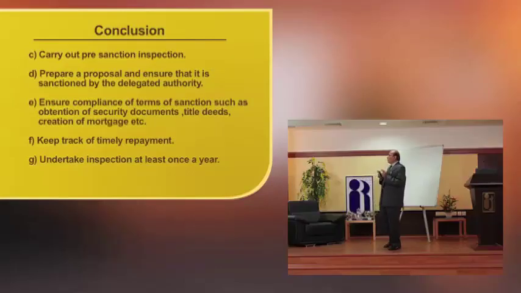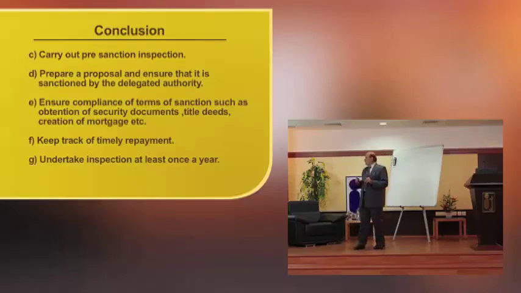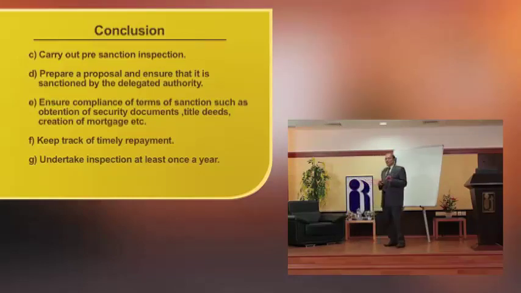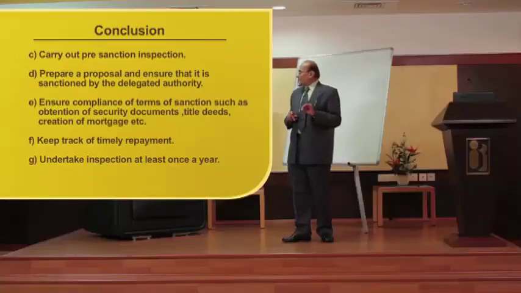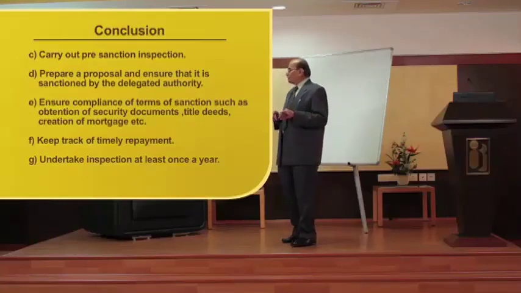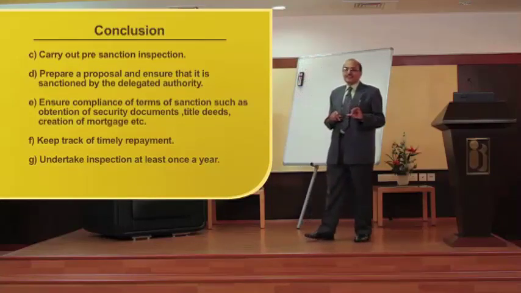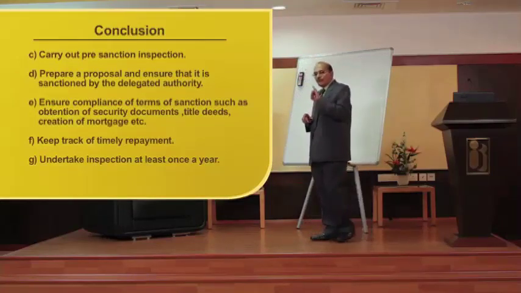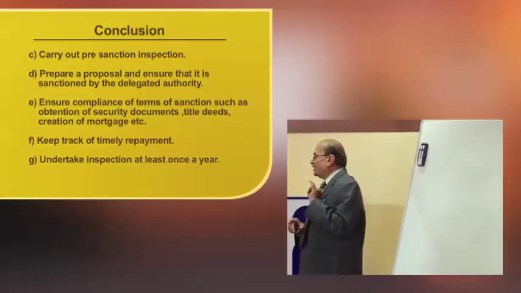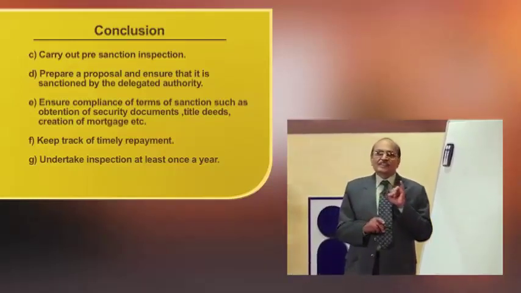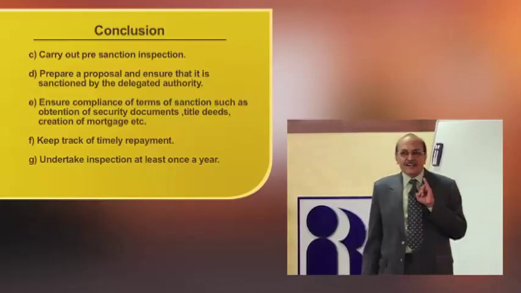Third, carry out pre-sanction inspection. Fourth, prepare a proposal and ensure that it is sanctioned by the delegated authority. Fifth, ensure compliance of terms of sanction such as obtention of security documents, obtention of title deeds, creation of mortgage, etc. Next, keep track of timely repayment. And finally, undertake inspection at least once in a year.